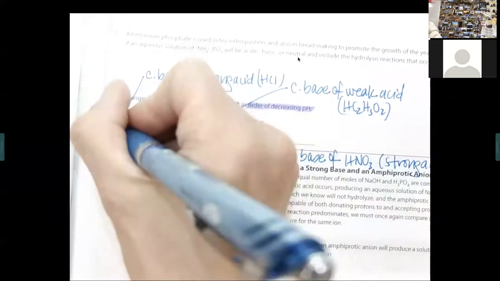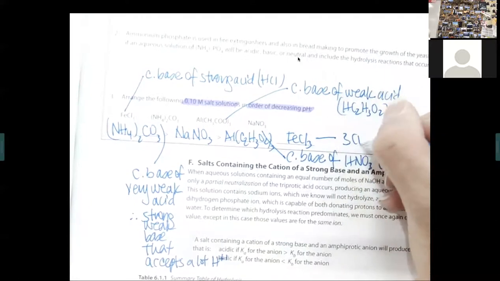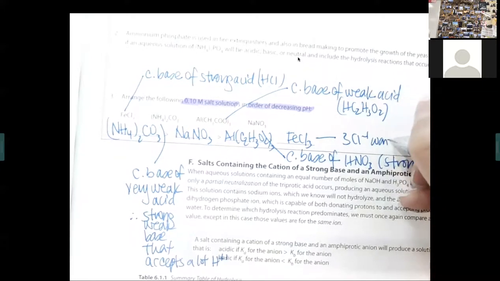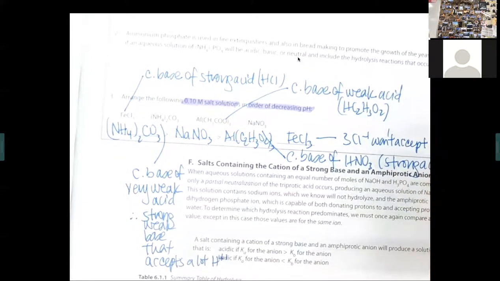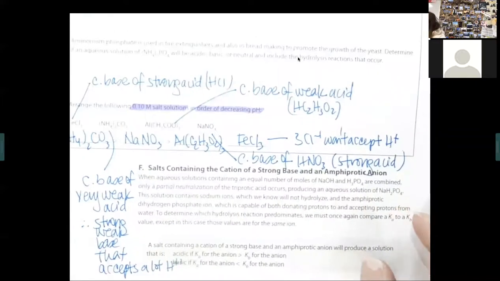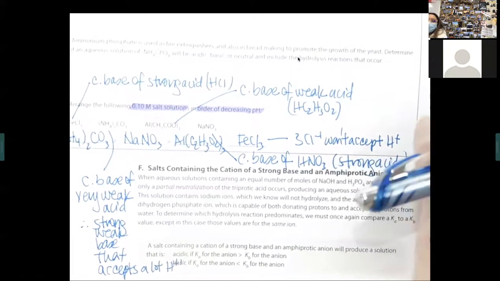So when we order these, I would put the NH4 2CO3 here, followed by the NaNO3, and then the AlC2H3O2 here. And then lastly, I would do the FeCl3, because when you've got these 3 chloride ions, they absolutely would not accept any hydrogens, because that comes from the strong acid HCl, which completely dissociates, and it will never accept hydrogens, okay?